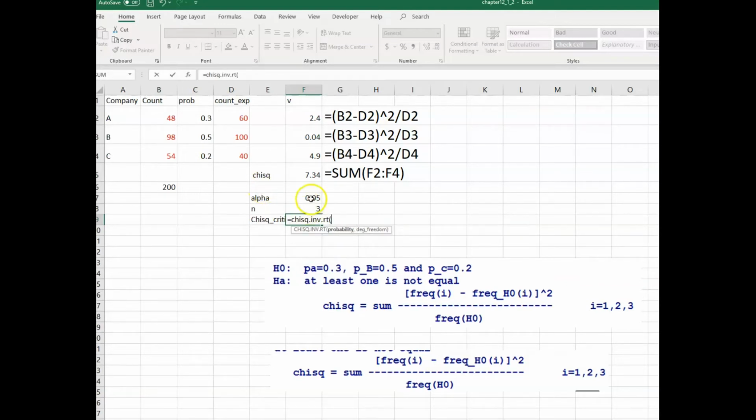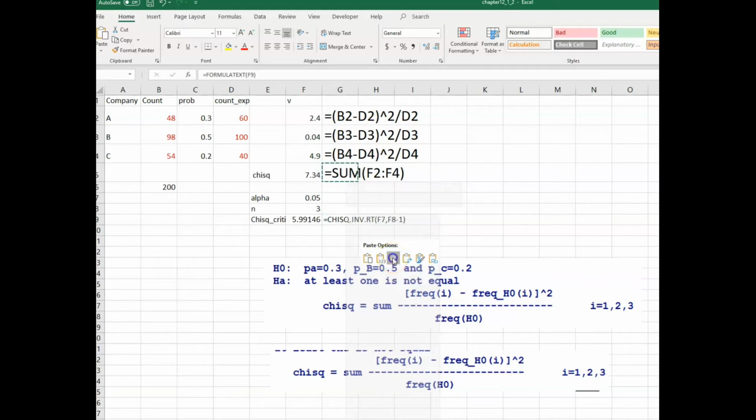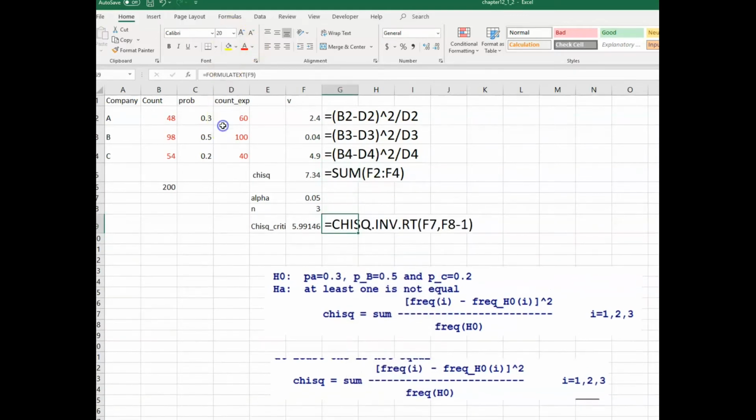Okay, probability is 5%. Degree of freedom is n minus 1. So this is our formula.